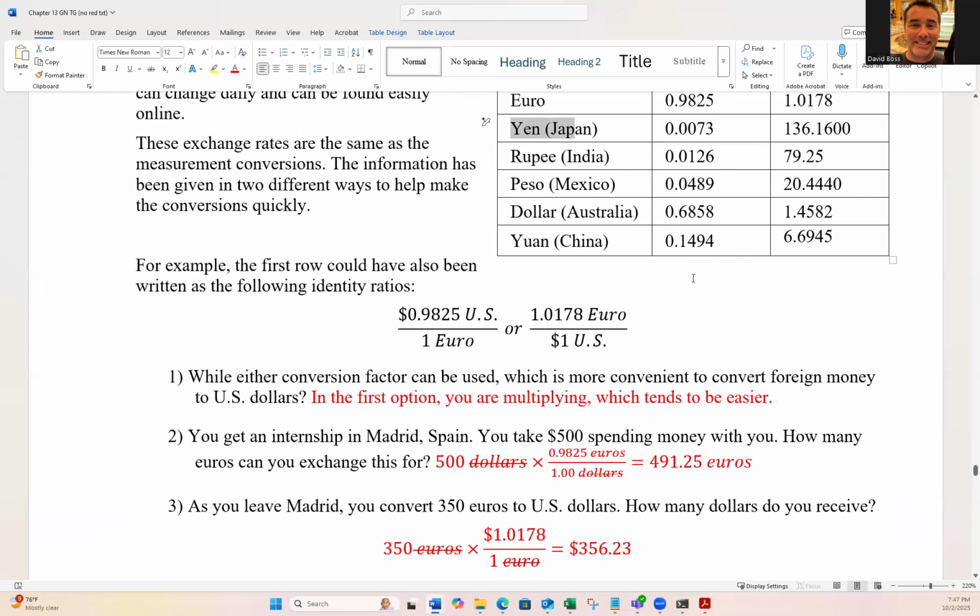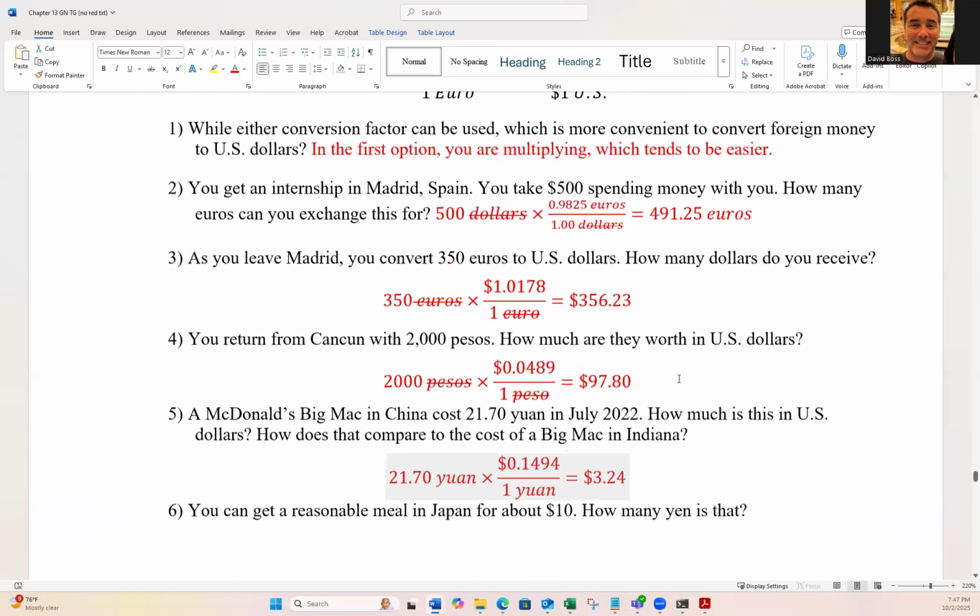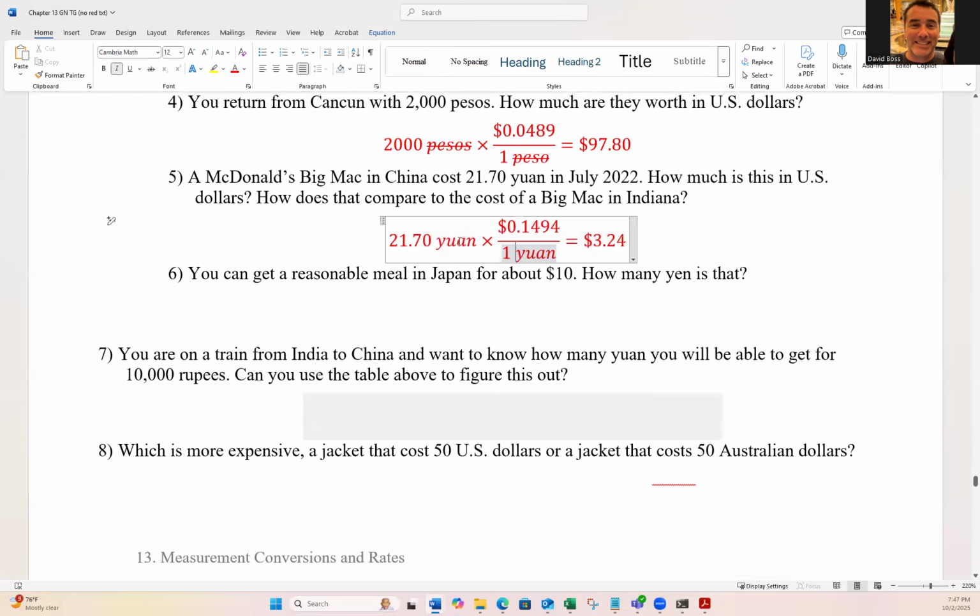Let's say Chinese currency. That's dollars. All right, so you make sure that these are lined up so that they cancel out. 21.7 times $0.1494 leaves you with just dollars, $3.24.